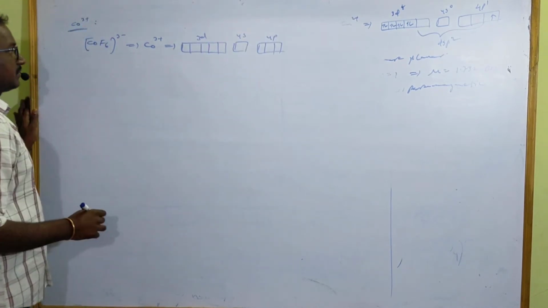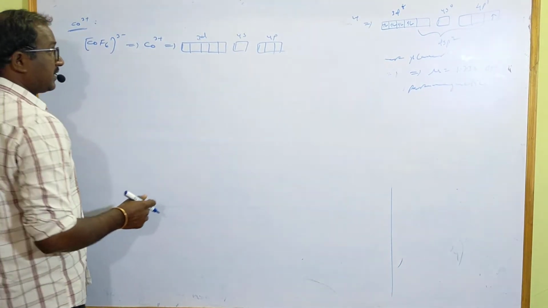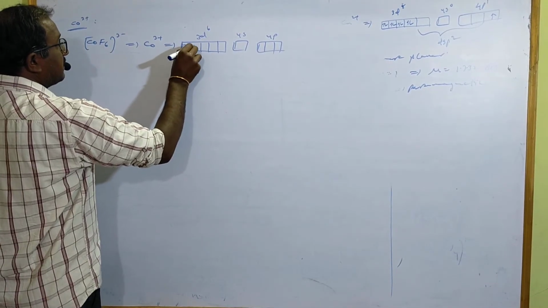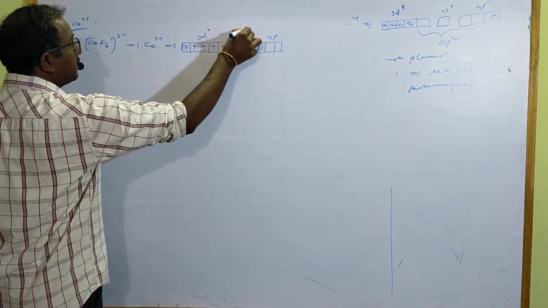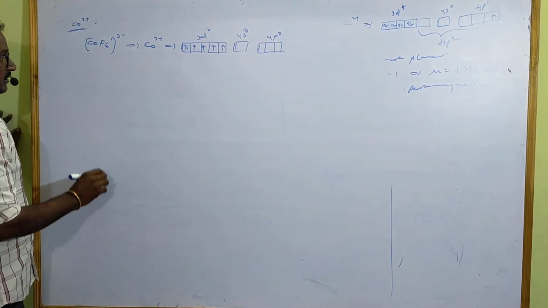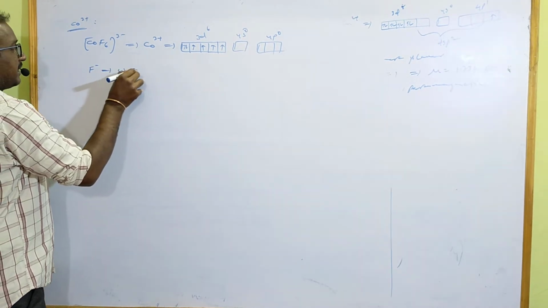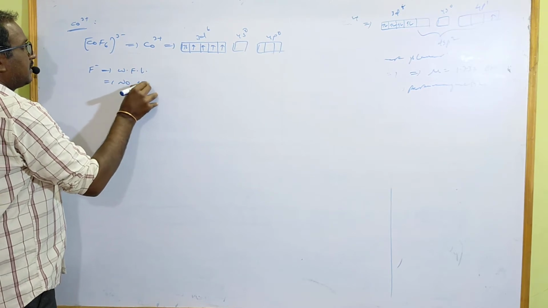What will be the configuration after loss of 3 electrons? Cobalt atomic number is 27. Cobalt 3d7 means it becomes 3d6. 6 means a pair, and four unpaired electrons, 4s 0 and 4p 0, no electrons. Here F minus is a weak field ligand, so no pairing against Hund's rule.